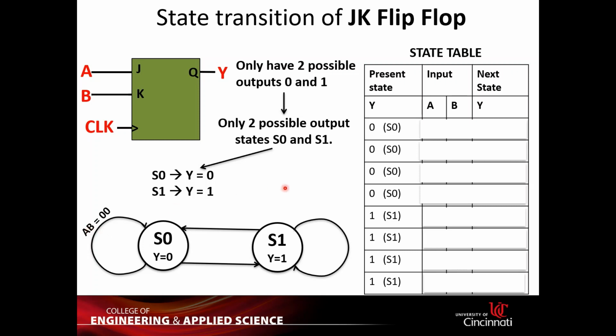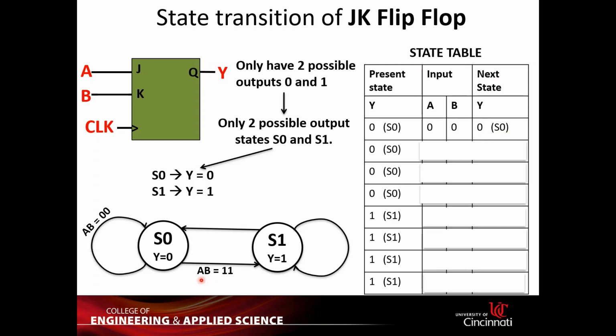You know that if both A and B equal 0, you hold the value, right? It doesn't change. Because you hold the value, the output goes back to its current state. That's why you have these arrows looping back to their own bubble. So you see right here, you have A and B as 0, so the next state of course is 0.